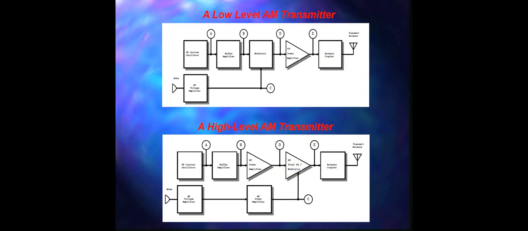Now I am going to quickly go through each block and explain what these are and what their function is. This RF oscillator is basically used to provide the carrier signal, and the output of this carrier oscillator is fairly a small AC voltage, around 200 to 400 millivolts RMS.